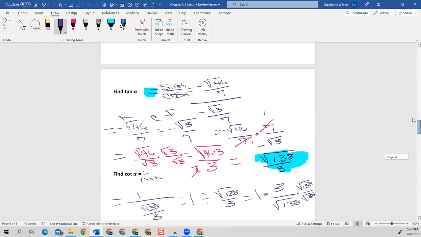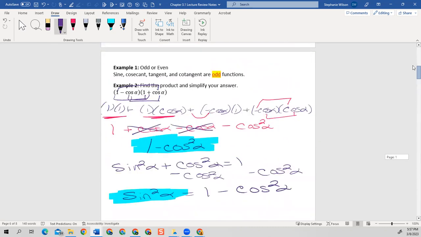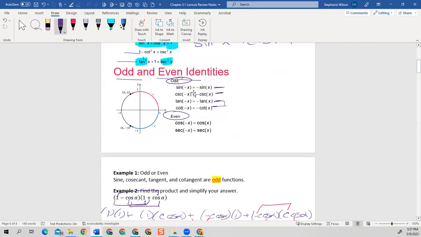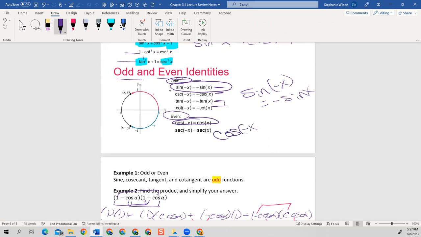I'm going to come all the way up here, and this is what I get. Sine of negative X gives a negative sine of X because it's odd. And then cosine of negative X, well, it's even, so it's just going to be cosine of X. So knowing that, that's what I'm going to do.